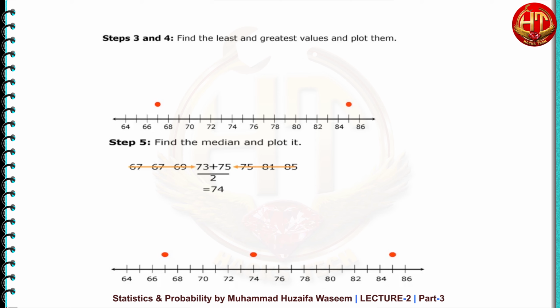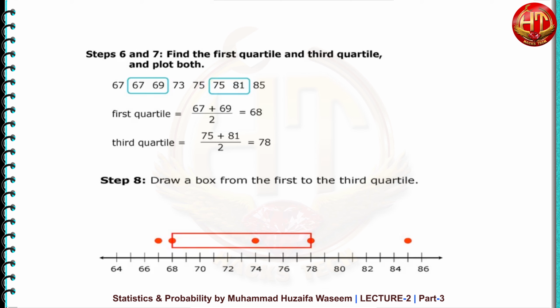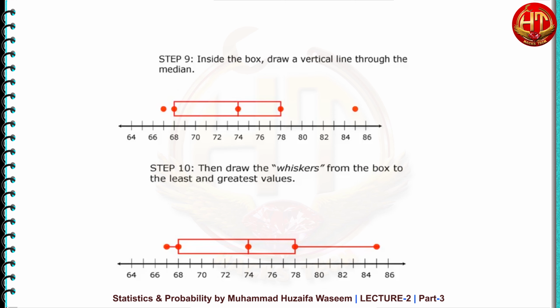Step 5, find the median and plot it, which is 74. Find the first quartile and third quartile and plot both, which are 68 and 78. Draw a box from the first to the third quartile. Step 9, inside the box, draw a vertical line through the median.